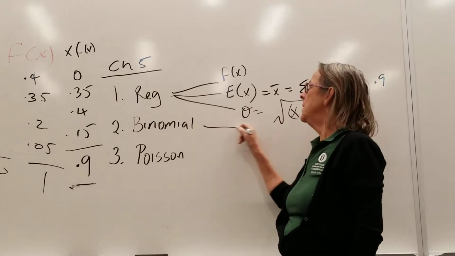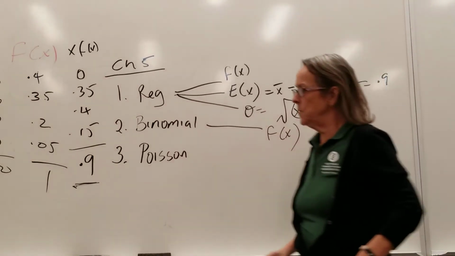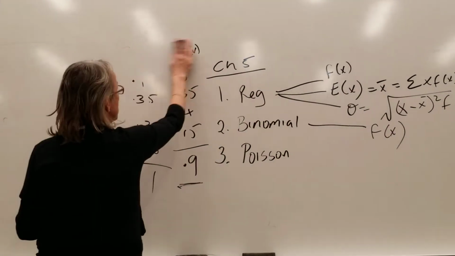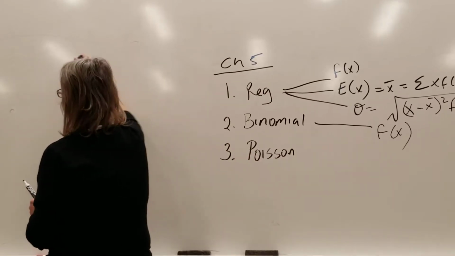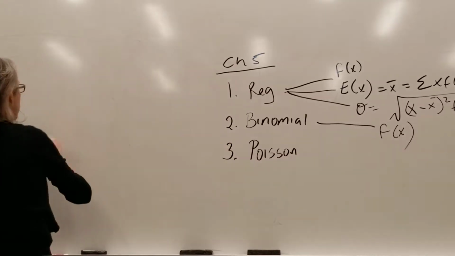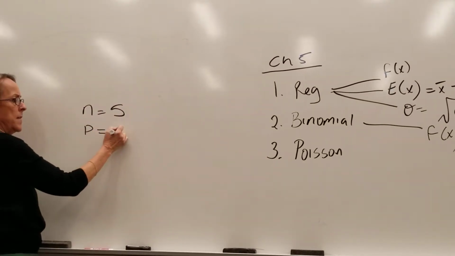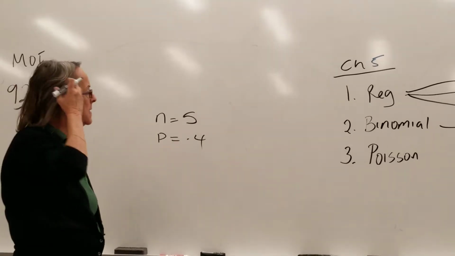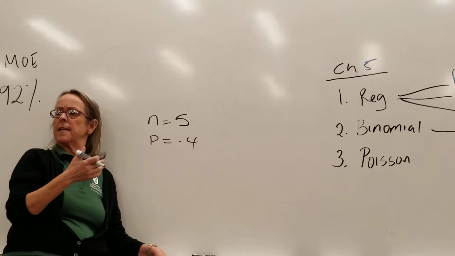With a binomial, you can be asked to come up with a probability distribution. All I need to tell you with a binomial question is n and p. If I say to you, n is 5, and p is 0.4, and there's some story that leads you to believe it's binomial, I can say, give me the probability distribution. That's all I have to give you.